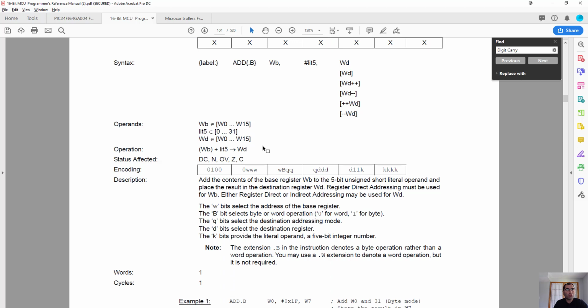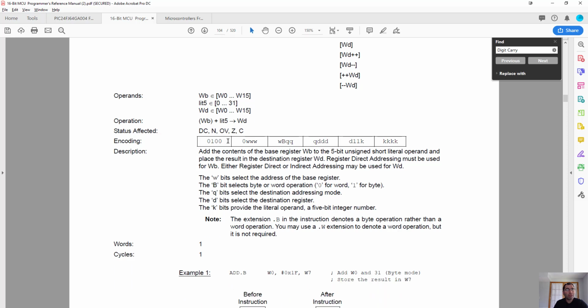Of course, since it is a 5-bit literal, the values can go from 0 to 31. The destination and base working registers can be any of those registers, and it can affect these status registers, and this is the encoding.